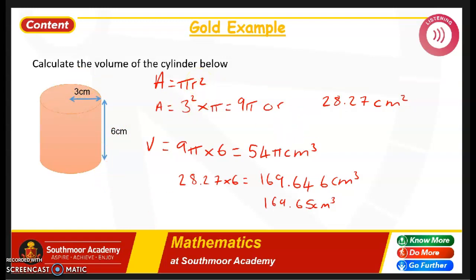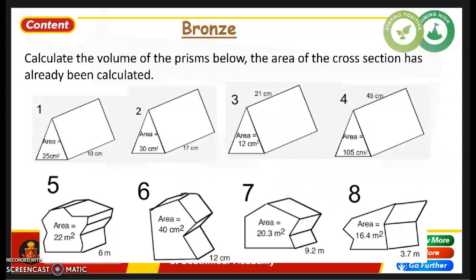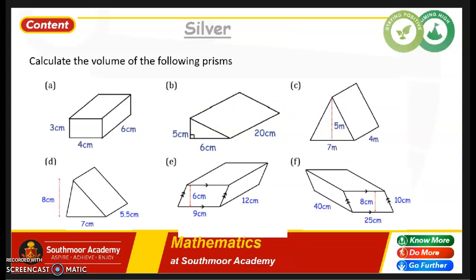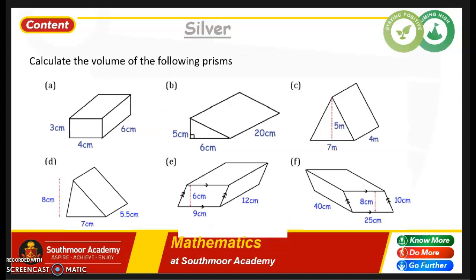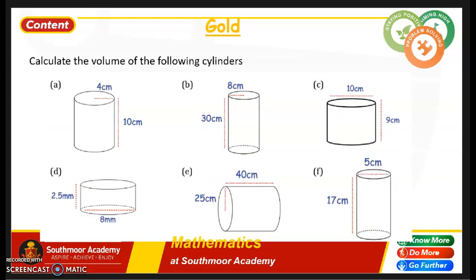Go on to your questions. Your bronze questions: you've been given the area. You need to times it by the length to work out the volume. Here you need to work out the area and then times it by the length to work out the volume. And then your gold, you're working with cylinders. You've also got a platinum for if you finish the bronze, silver and gold.